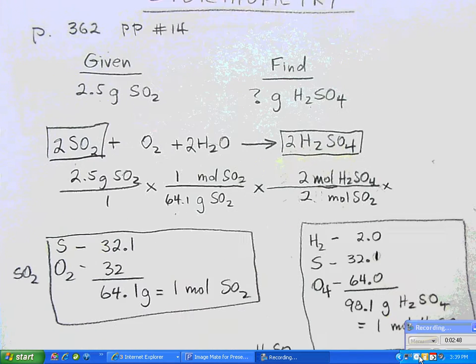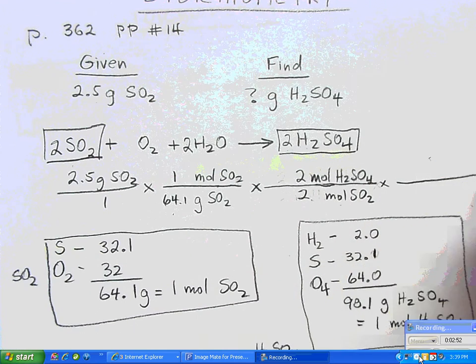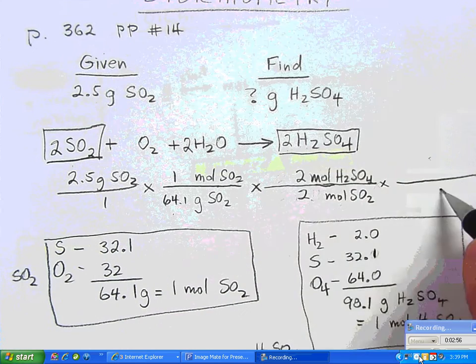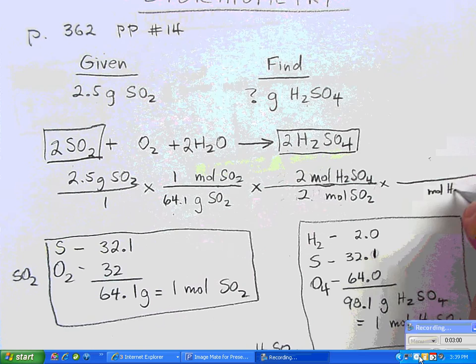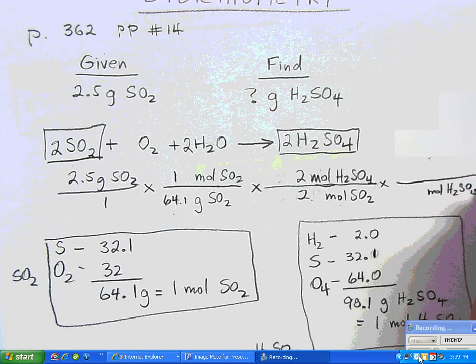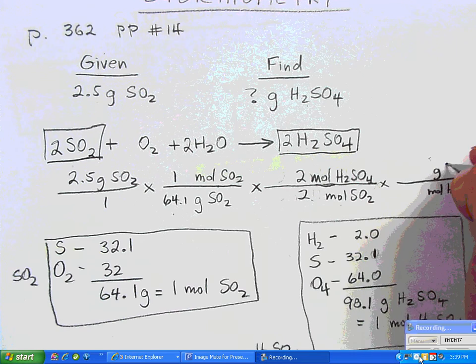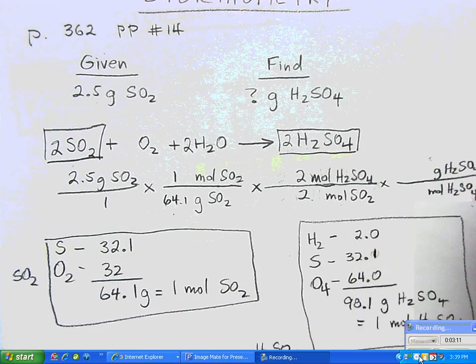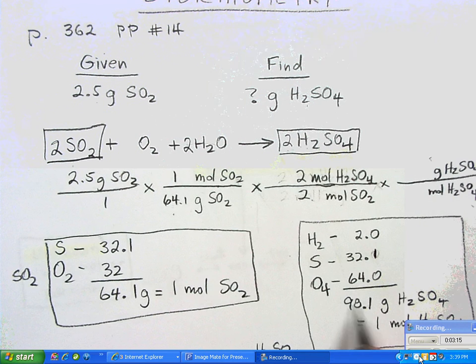So now we just go back and we look at the molar mass for sulfuric acid, and what we look up here to see what we're going to put down here. This is going to be moles of H2SO4. And up here we're going to have grams, because we're going to grams, H2SO4. And now these numbers right here are what we're going to use.